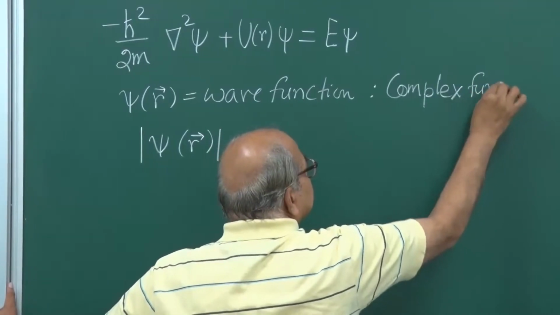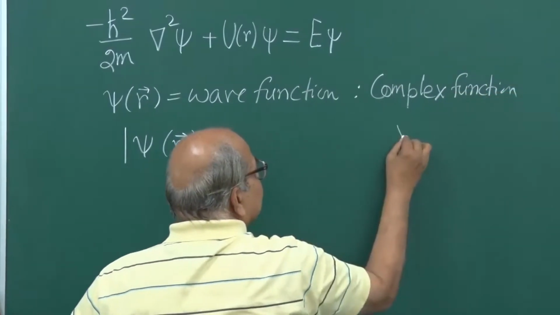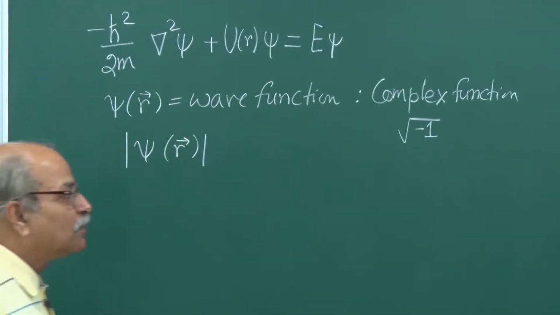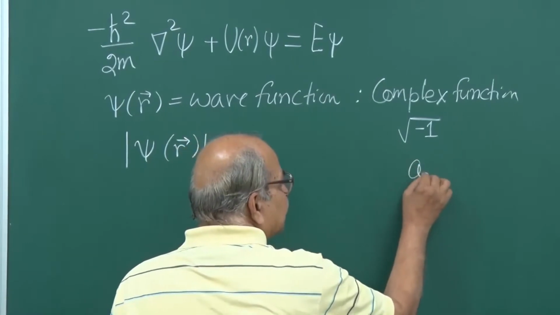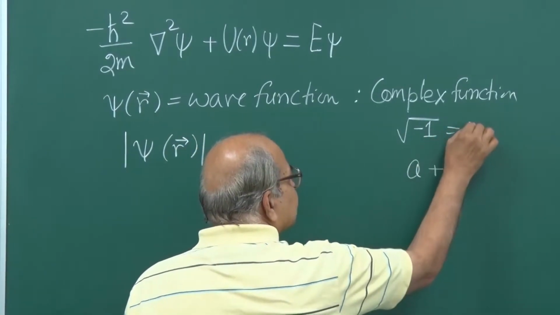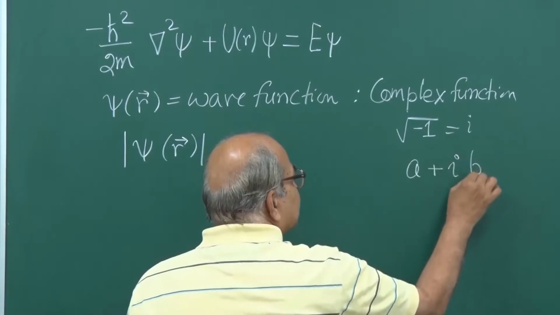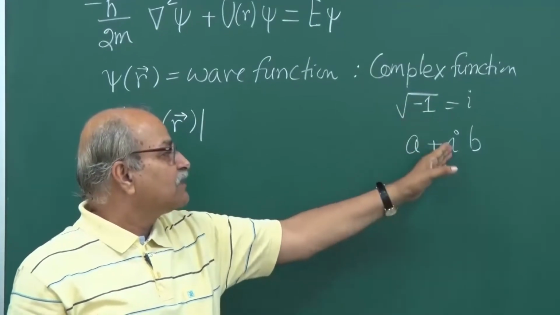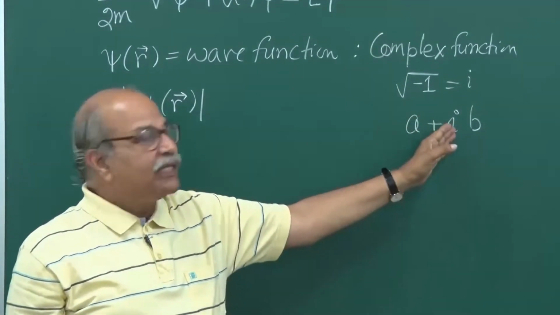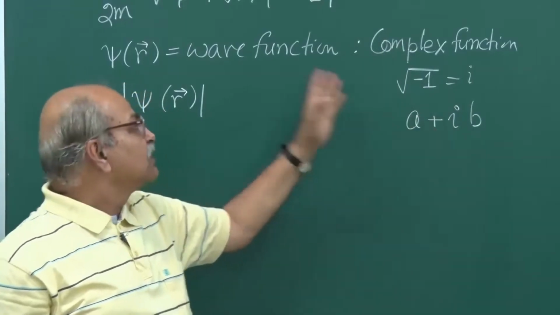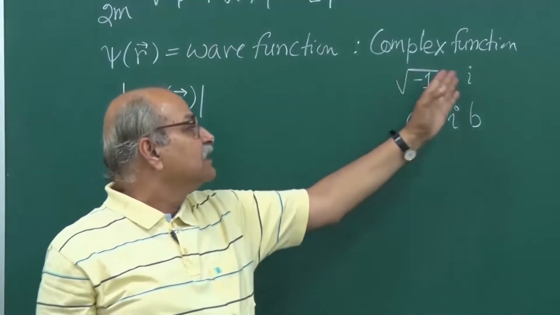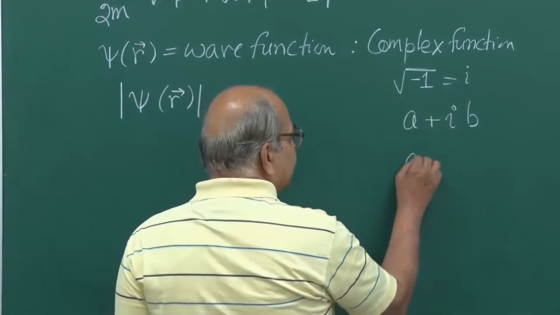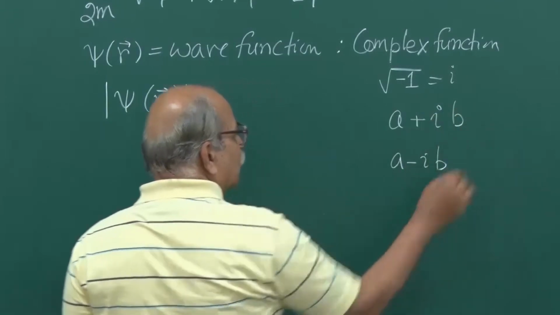If it is a complex function involving the square root of minus 1, remember complex numbers, numbers like some real number plus i times another, A plus iB, these kinds of things, real number here, and then this i is the square root of minus 1 here. These kinds of numbers are known as complex numbers. So this function can have this i in it, and then you write the complex conjugate, A minus iB. This is called the complex conjugate.